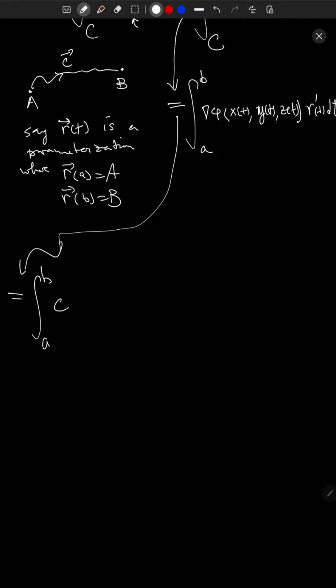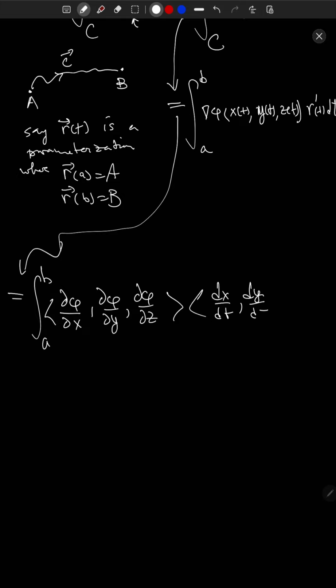Let me write it in terms of partials: phi sub x, phi sub y, and phi sub z, all evaluated at x of t, y of t, z of t. So everything is in terms of t, ultimately. And then what is r prime? r prime is dx/dt, dy/dt, dz/dt, and then dt, with a dot product. So all I've done is write out the definition of gradient phi and the definition of r prime.